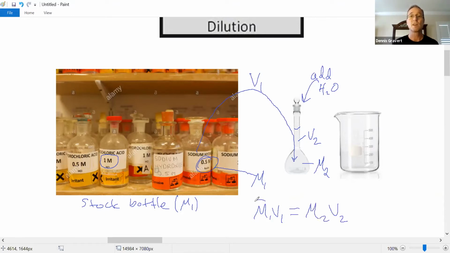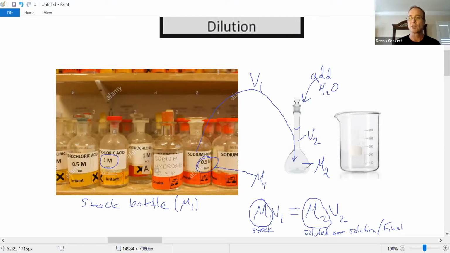So you'll have the first concentration, your stock concentration from the bottle. The procedure you're using or whatever experiment you're designing will provide you with the concentration that you need. This is the diluted concentration, or the diluted solution. Let's just call it your final solution.